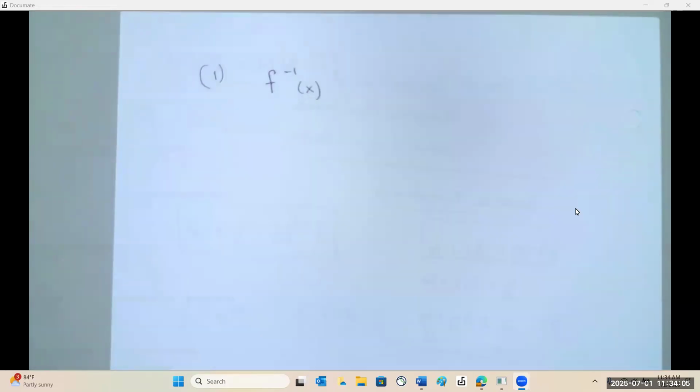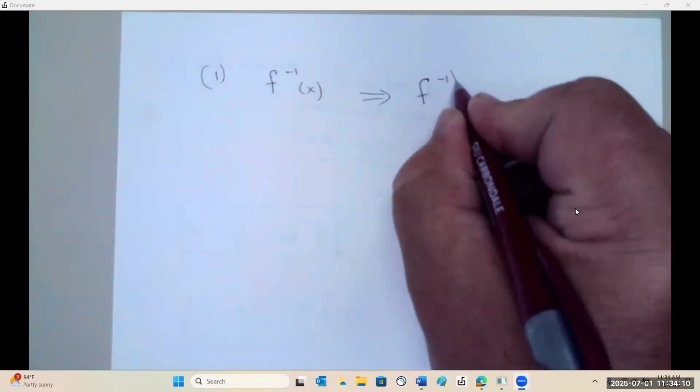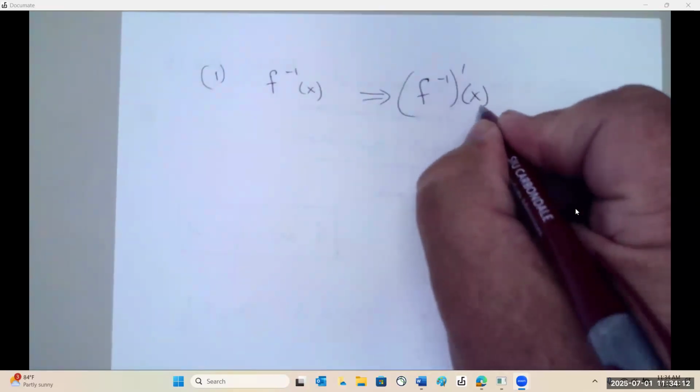So with that, here's our first equation that we have to know. Because since we're dealing with inverses, we have to be able to take the derivative of an inverse.